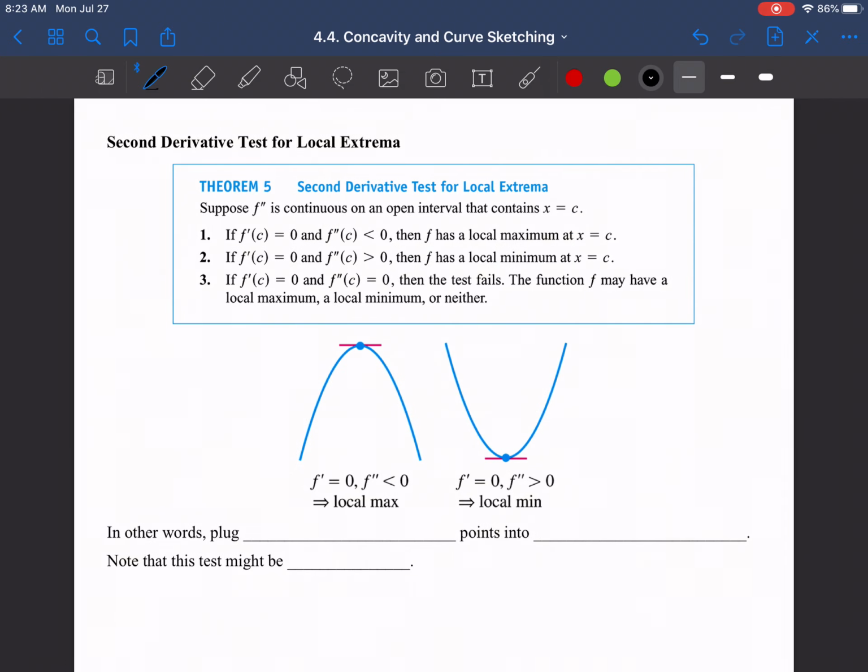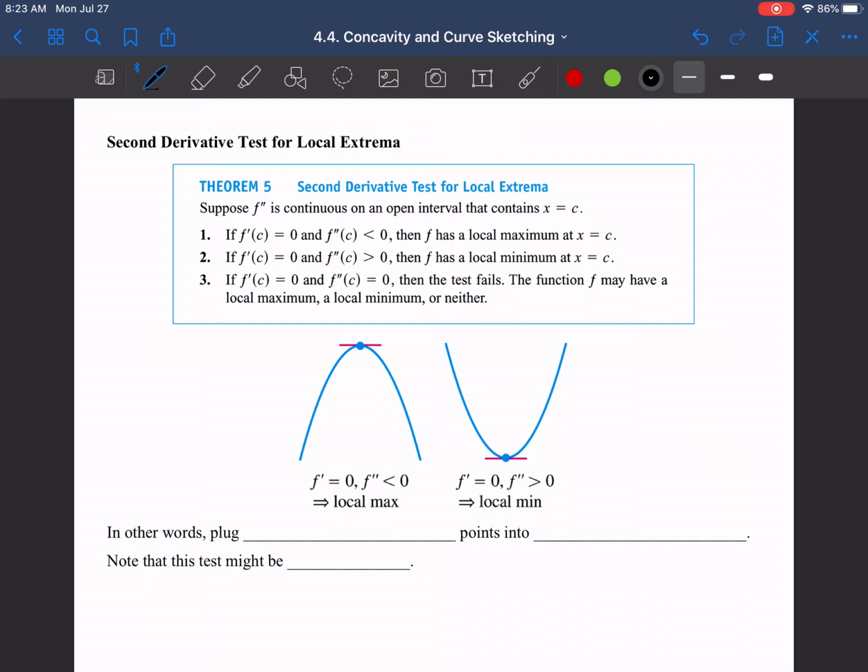All right, next, the second derivative test for local extrema. Here, this is where we can take a look to find out if we're looking at a local minimum or local maximum, or maybe neither, okay? So suppose f double prime is continuous on an open interval that contains x equals c.